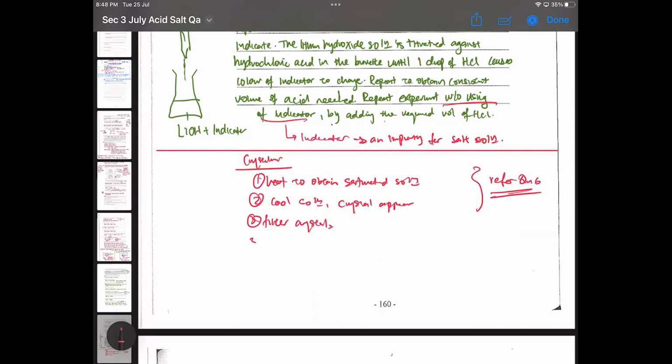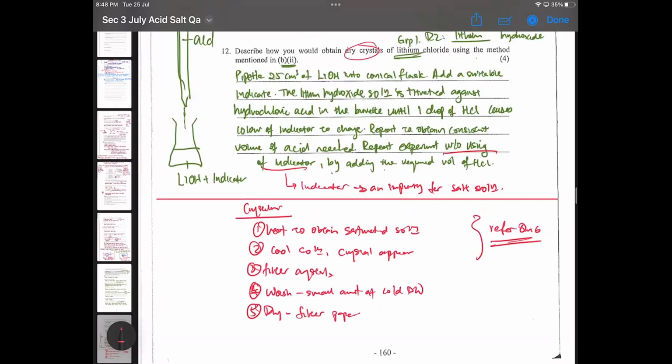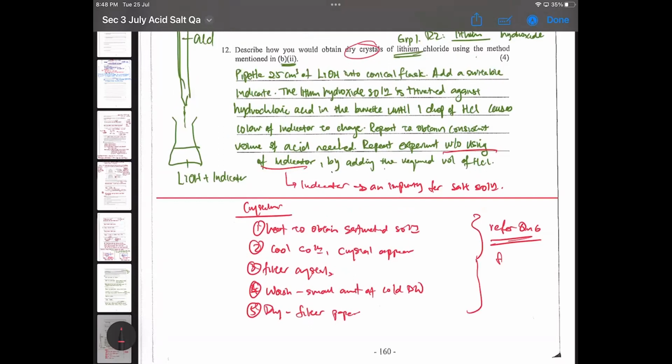After we filter the crystals, we will wash them with a small amount of cold distilled water, and then dry them with filter paper. Exactly the same crystallization process. Refer to question 6 for detailed points.